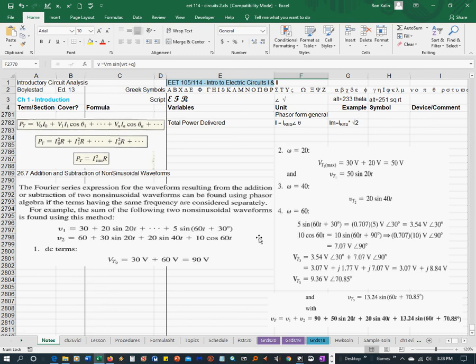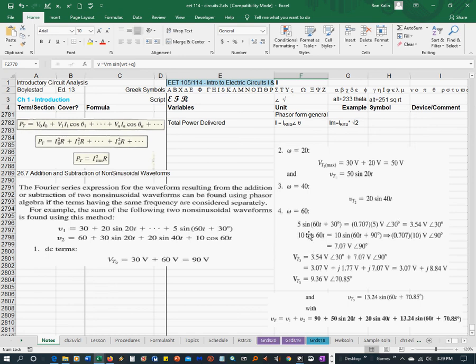What they did was convert this 5 sine 60t plus 30 into its phasor form. You take the 5 divided by the square root of 2, which is like multiplying by 0.707, and the angle is just 30. So that ends up being 3.54 angle of 30.